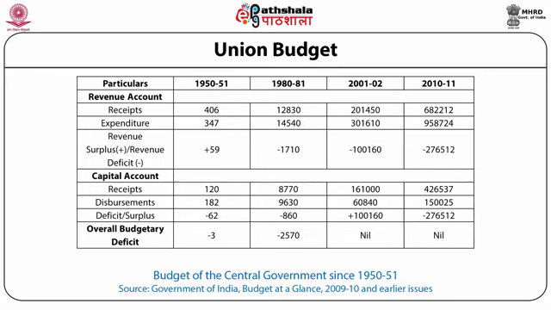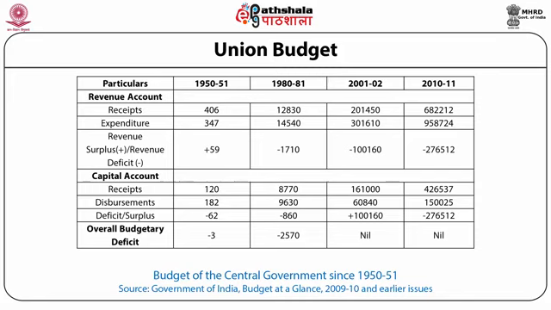2,76,512 crores. When we look at the capital account, the capital receipts were 120 crores in 1950-51, which increased to 4,26,537 crores in 2010-2011.